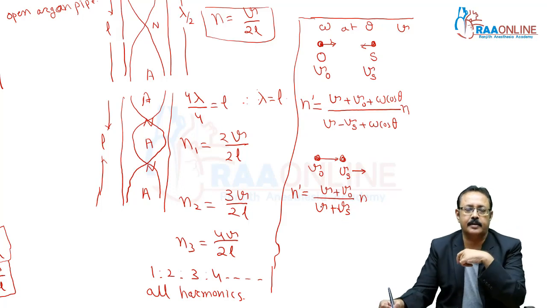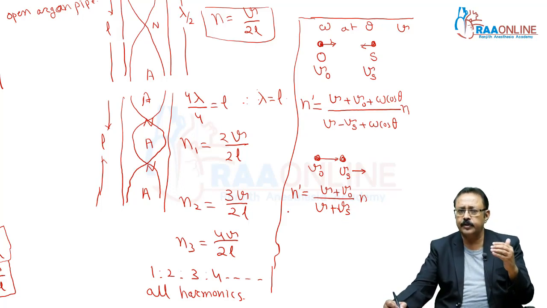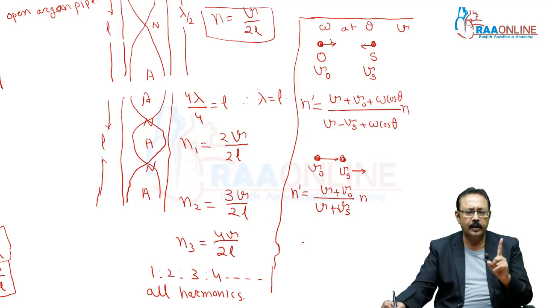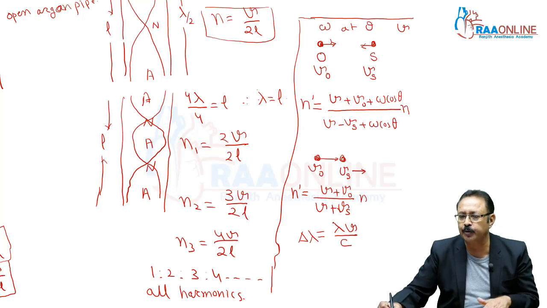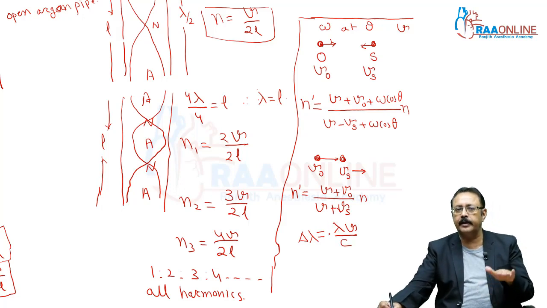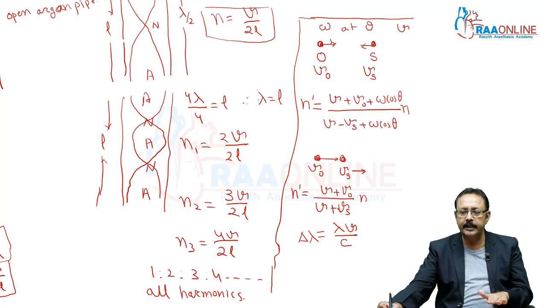And in case of stars, we can also observe the Doppler effect in light, but there is only one formula. Star is coming towards you or going away from you. The change in wavelength, you will get lambda V divided by C. Lambda is actual wavelength of light emitted by the star, V is its velocity and C is the speed of light.